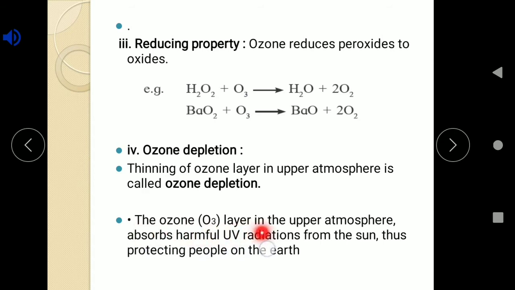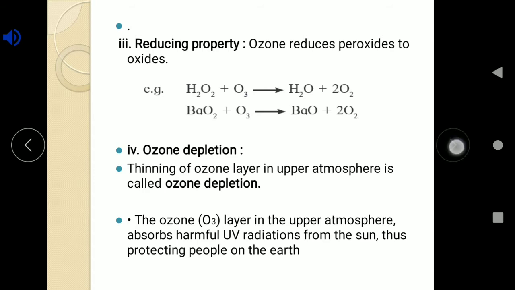The ozone layer in the upper atmosphere is useful for the absorption of harmful UV radiations coming from the sun, and thus it is protecting people on earth, and hence it is called the ozone umbrella.